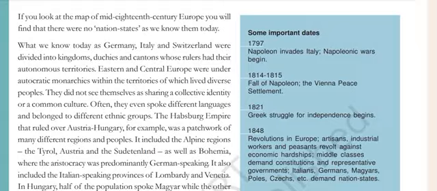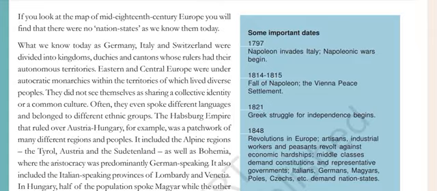The Habsburg Empire that ruled over Austria-Hungary, for example, was a patchwork of many different regions and peoples. It included the Alpine regions, the Tyrol, Austria, and the Sudetenland, as well as Bohemia, where the aristocracy was predominantly German-speaking.